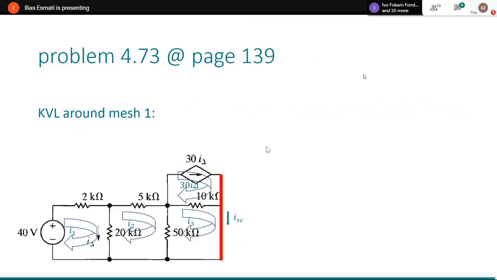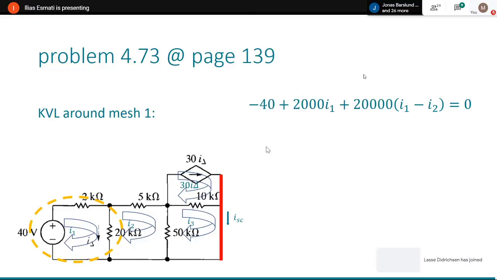Good. Oh, our old friend Kirchhoff. So let's apply his voltage law on the first one. This is boring stuff, I know, for most of you, but let's do the dance one more time. Our convention was that when it's a voltage source, we always put a minus because it delivers power.